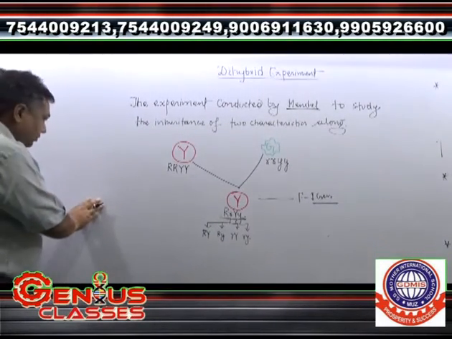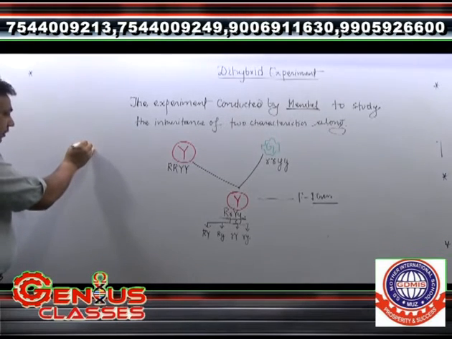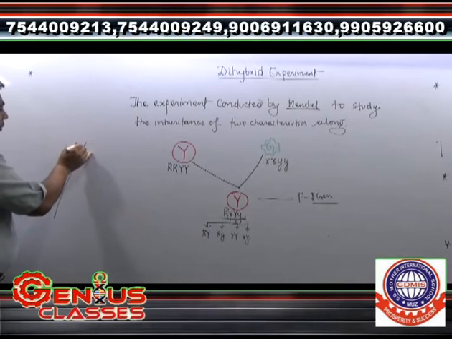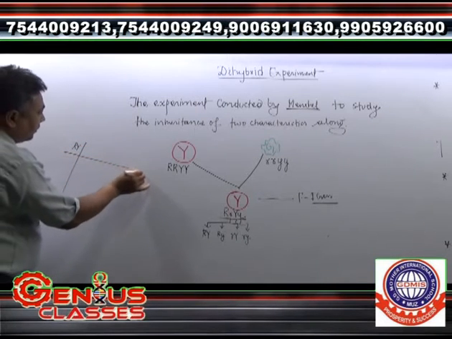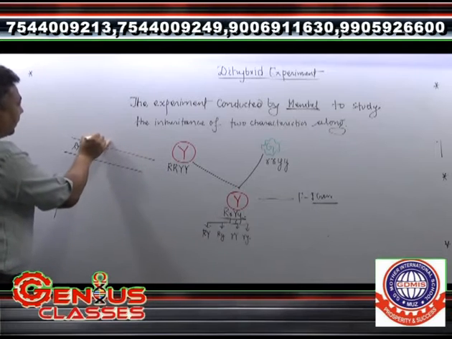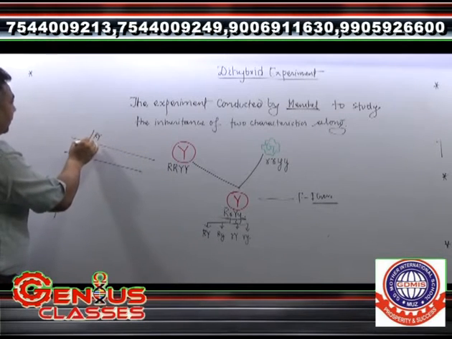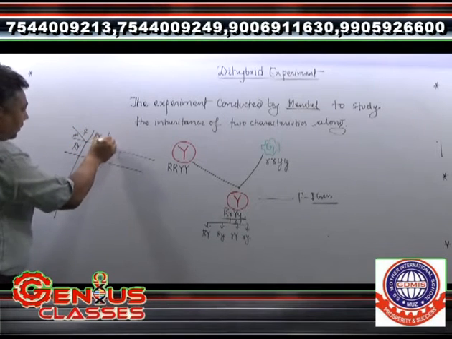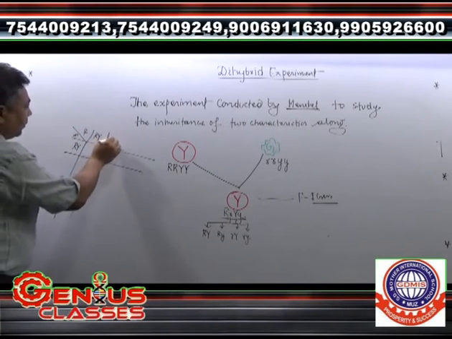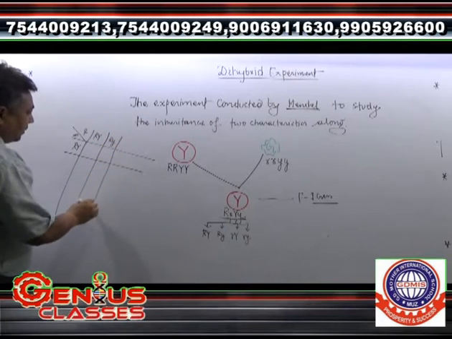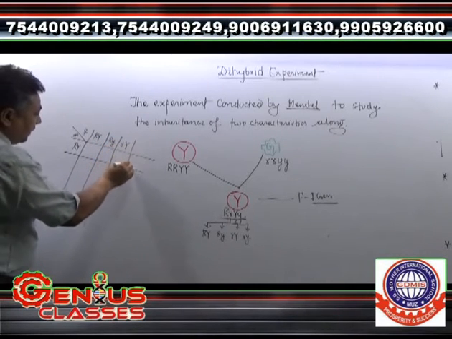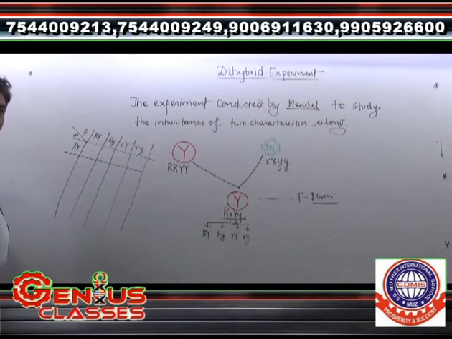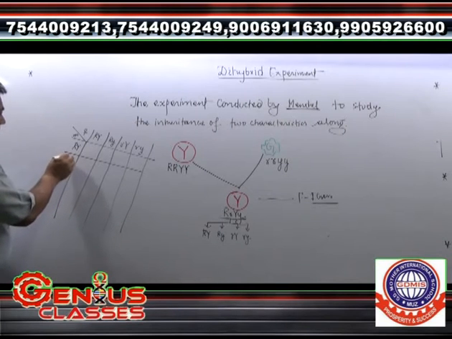So, R capital, Y capital, R capital, Y capital, female, male, then R capital, Y small, then R small, Y capital, then R small, Y small. Here R capital, Y small.